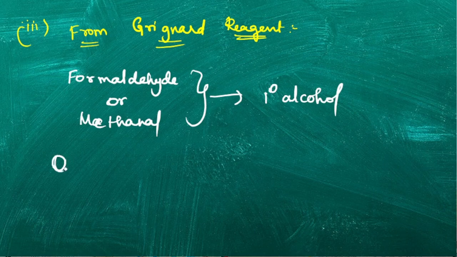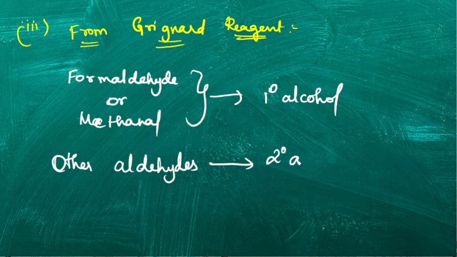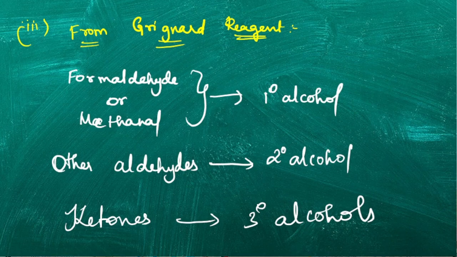Other aldehydes are going to produce the secondary alcohol. And if you are going to take ketones, they are going to produce the tertiary alcohols. So let us see formaldehyde first, then we will move to other aldehydes and ketones. All the three we will be seeing now. Clear?